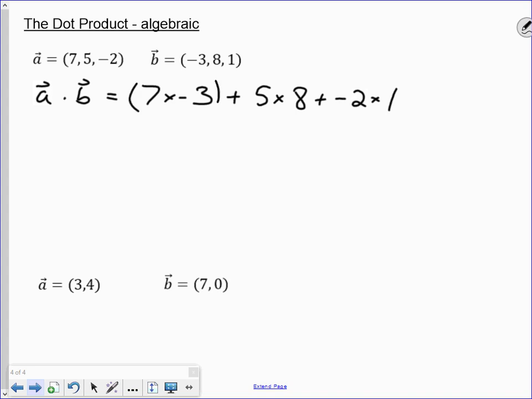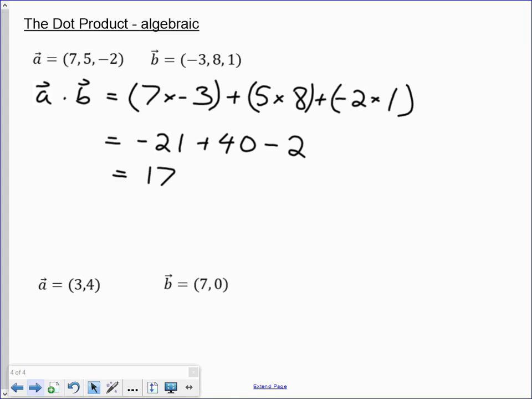So my x's are multiplied, my y's are multiplied, my z's are multiplied, and then I add everything up. So what do I get here? I get negative 21 plus 40 minus 2, which gives me 17. So again, my answer is a single scalar, a single number, as befitting our scalar product.